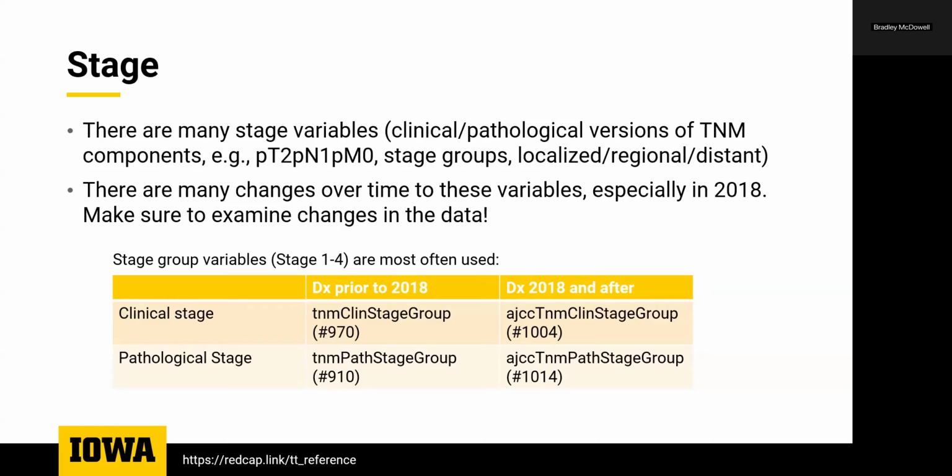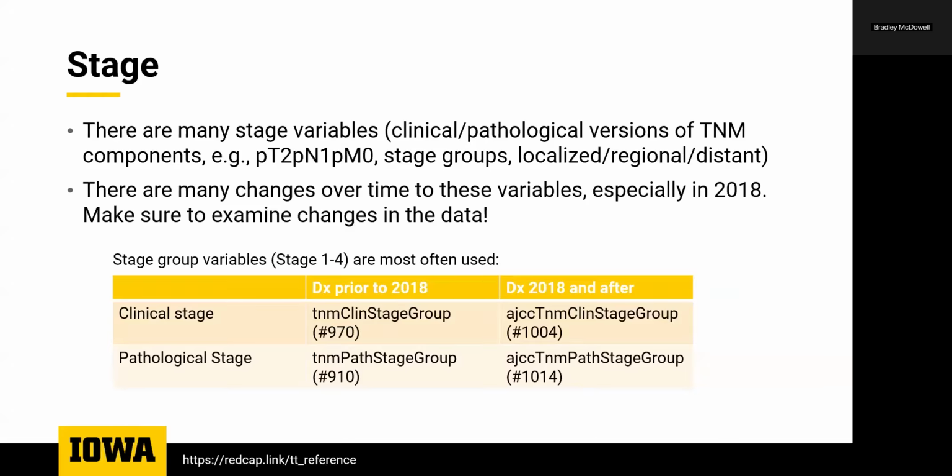So first off, let me just say a few words about cancer staging in general. We make a distinction between clinical staging, which is most often based on imaging studies, versus pathological staging, which is based on direct examination of tissue, often from a resection.